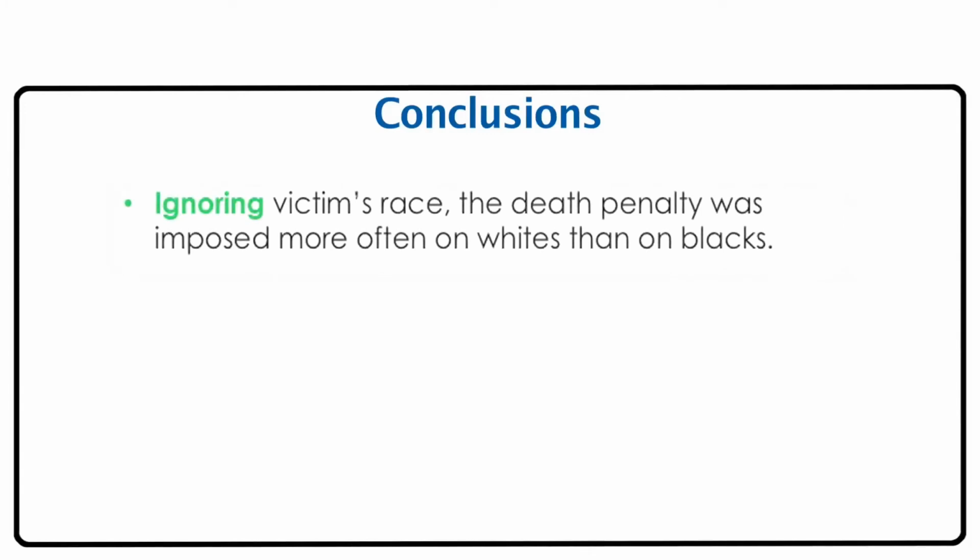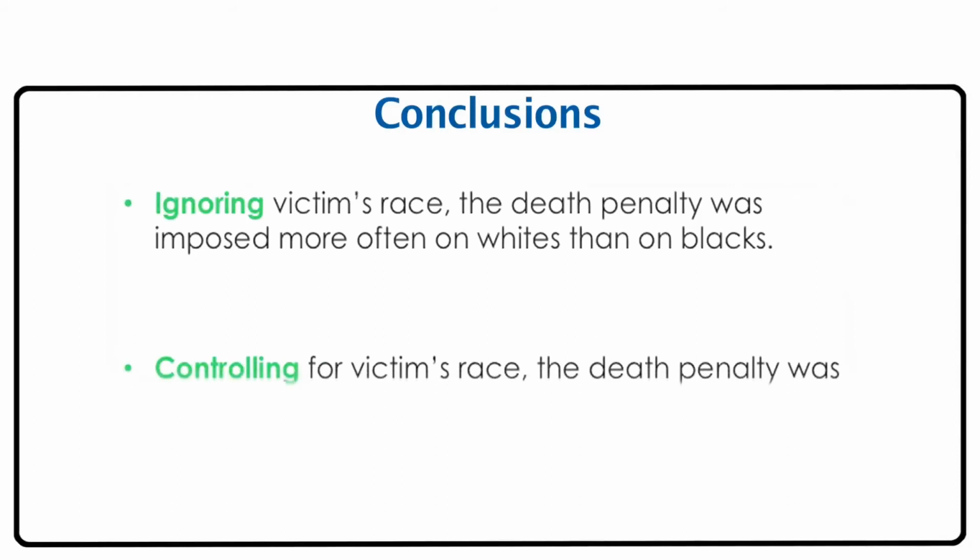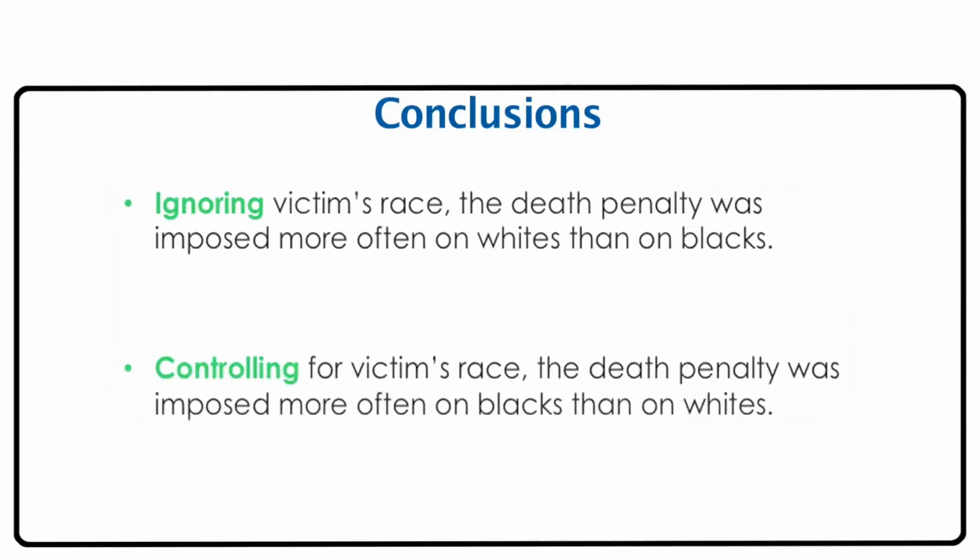If we ignore the victim's race, which is what I have done on my second slide, where I have collapsed across race and not taken it into account in my analysis, then my conclusion is that the death penalty is imposed more often on whites than on blacks.